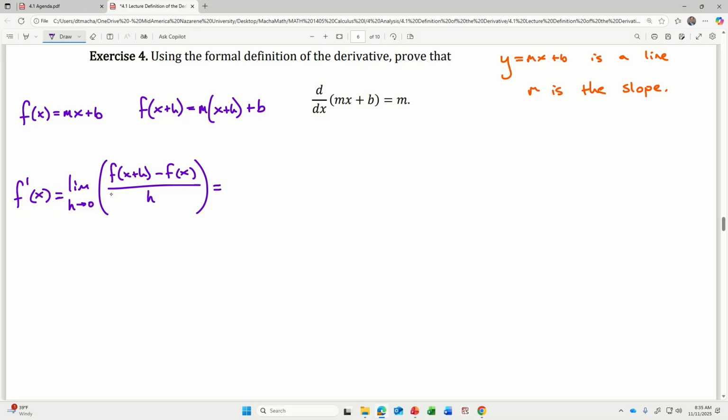All right, so then let's rewrite my limit. M times x plus h plus b minus mx plus b, over h.